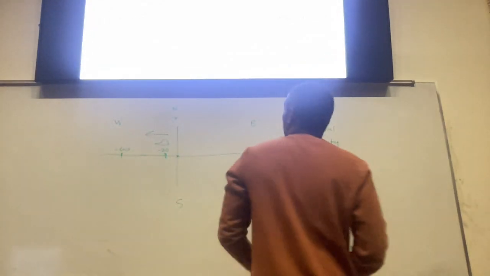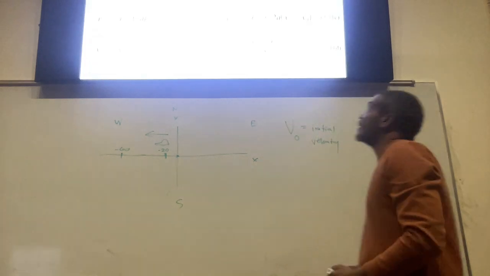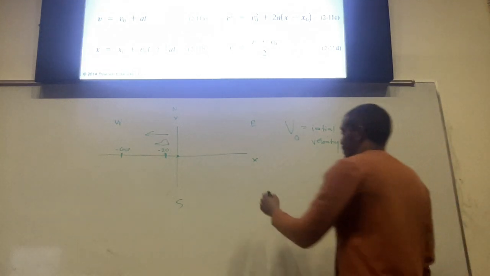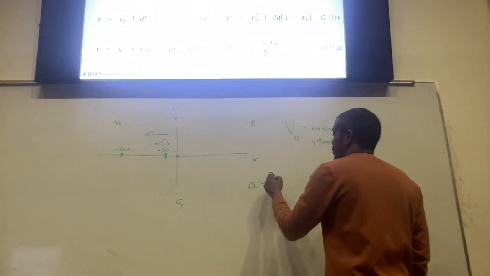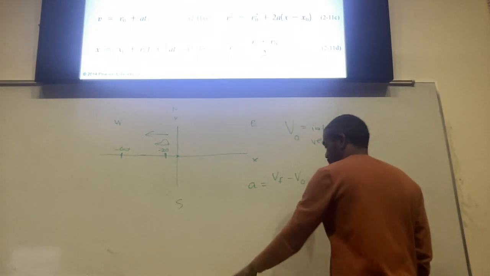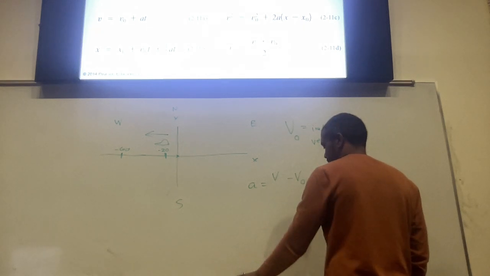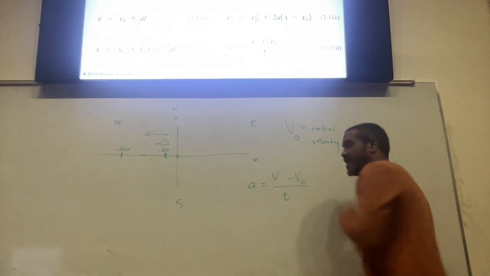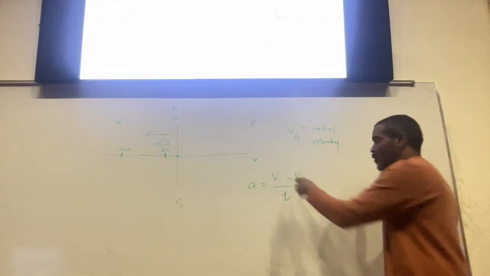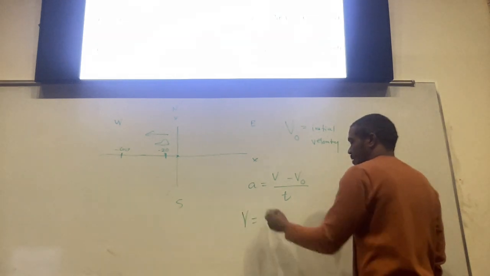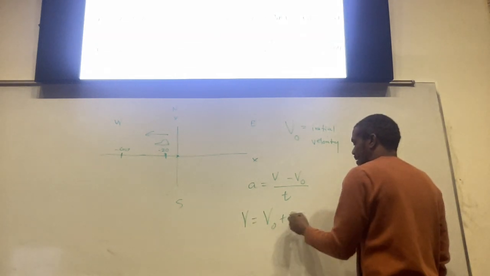Acceleration is equal to v final minus v initial over t. Sometimes they don't put the f, they just put v. So if I rearrange this equation for v, I'm going to get v equals v naught plus a t.